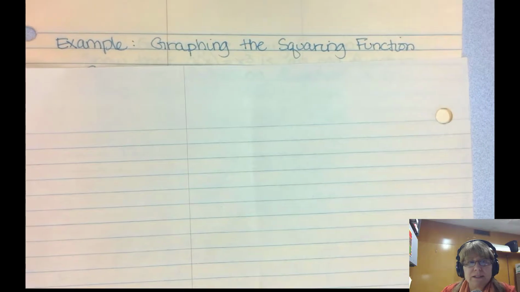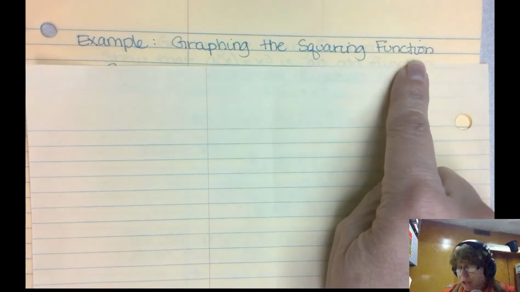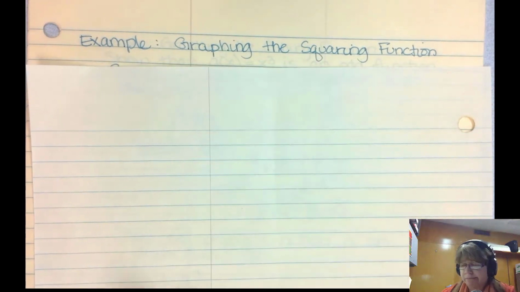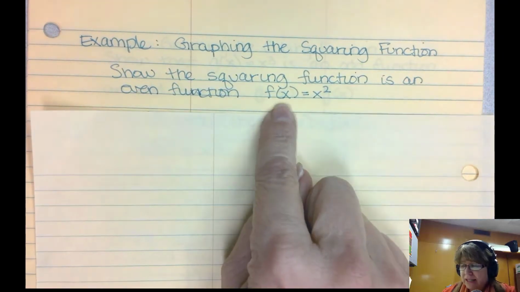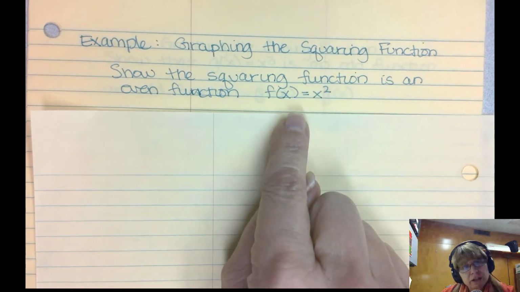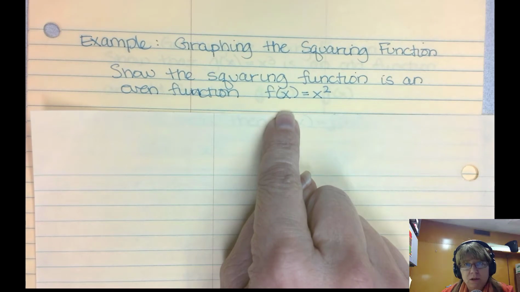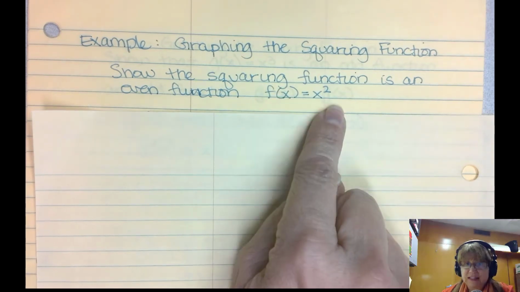All right, so let's see an example of graphing the squaring function. The squaring function is when we take a value and we just square it. So let's not try and make it too difficult. F of x equals x squared. Now, if this is an even function, then f of x will equal f of negative x. Well, we know f of x equals x squared.